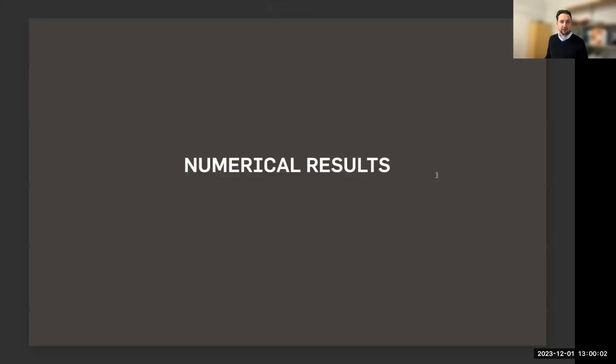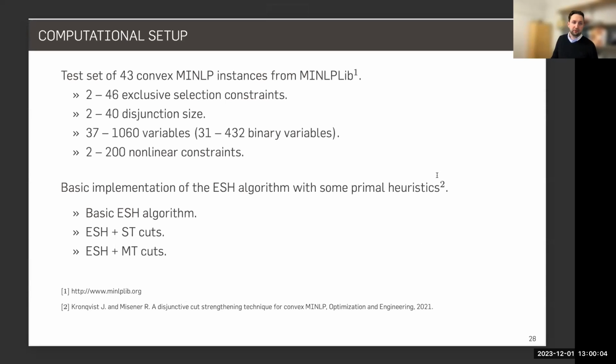Okay, and finally, just a quick word on some numerical results. So we tested this on problems with a suitable structure from MILP, where we have a different number of exclusive selection constraints. The disjunction size varied from 2 to 40, meaning that we consider between 2 and 40 binary variables that are included in an exclusive selection constraint, and different number of variables and constraints.